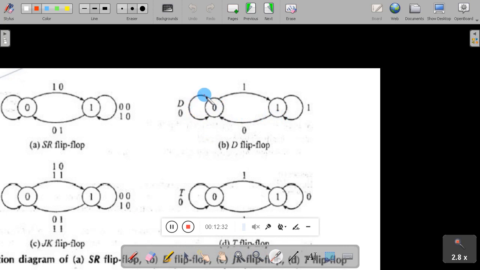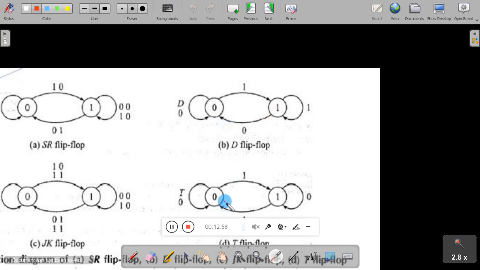When data input changes to 1, then it will move from 0 to 1 state. In the state 1, if data input is 1, it will remain in that state only. And if the data input changes to 0, then it will move from state 1 to 0.